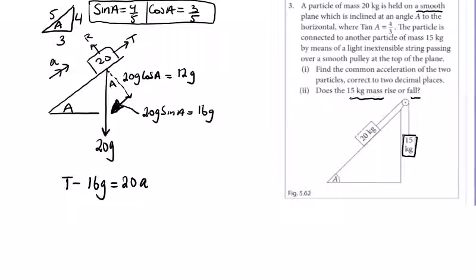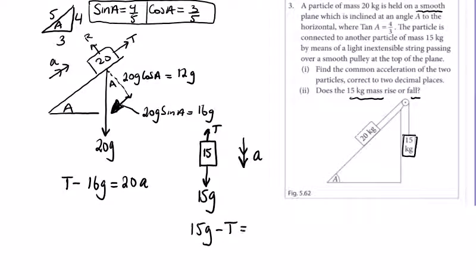So let's have a look at the 15. I have my string, so my T. We're saying A went up, so let's say A goes down here. And we'll see something happening if we're in the wrong direction. Down this way, mg, 15g. So my equation is 15g minus T is equal to ma, 15a.